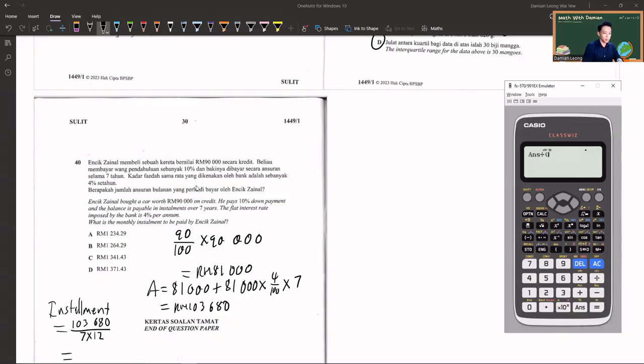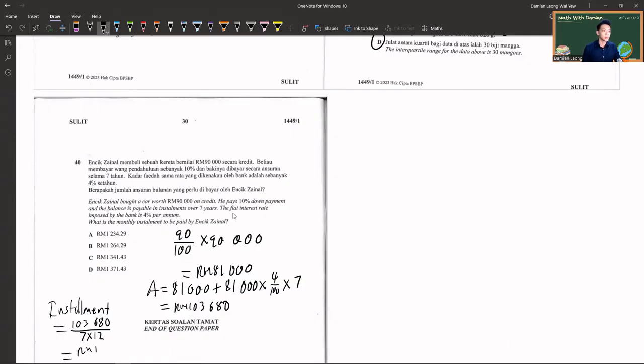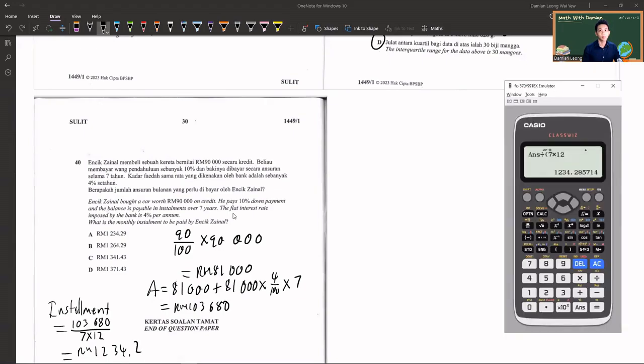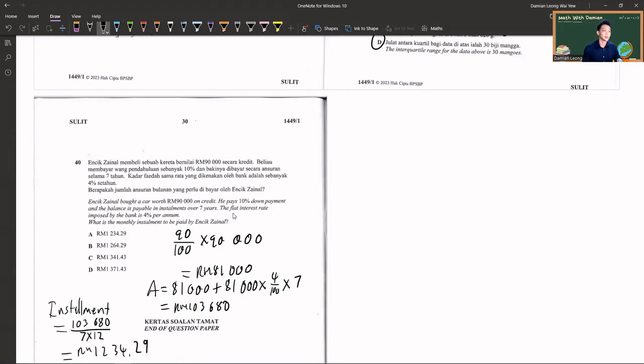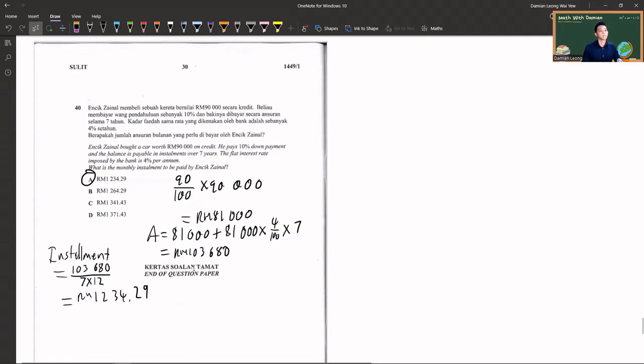So divide by bracket 7 times 12. Then I get 1,234 ringgit 29 cents. So answer A. Yeah. Okay. So that's for the paper 1.